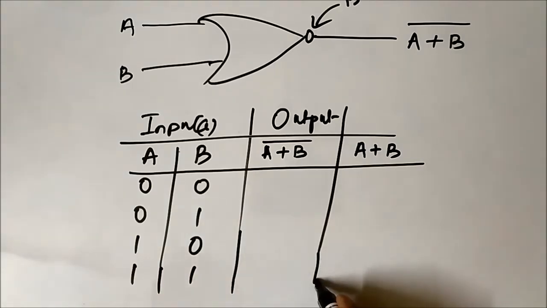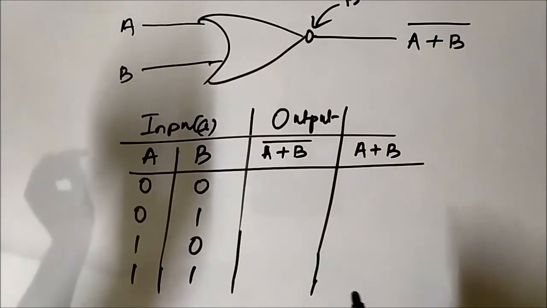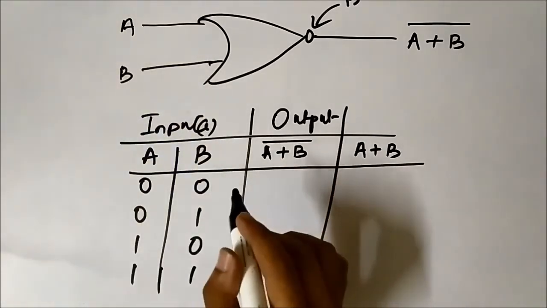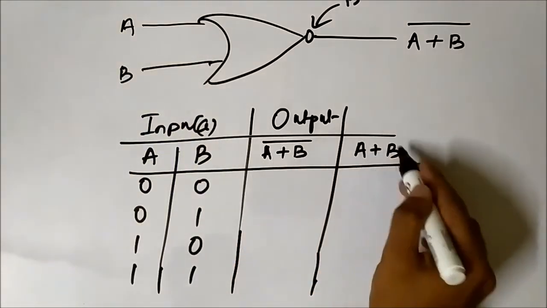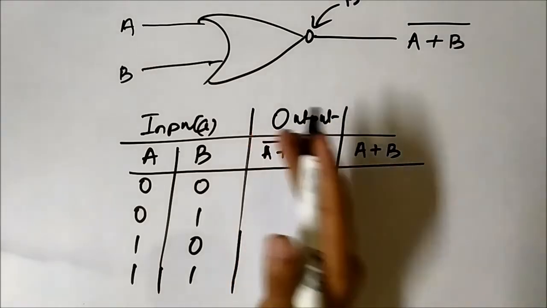So we have already studied in the OR gate part that the output of the OR gate is low only when both the inputs are low. We will first discuss this A or B, and then we will come to NOR.